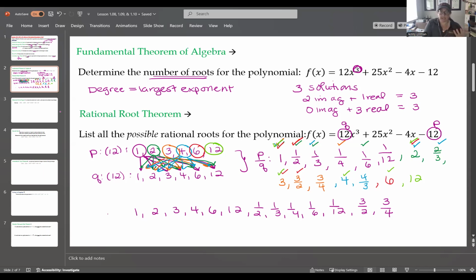So we could say -12 divided by 1, or we could say 12 divided by -1. So each of these have to have a positive and negative version. So I don't just have 1, I have 1 and -1, 2 and -2, 3 and -3. So each of these are technically two different possible answers.